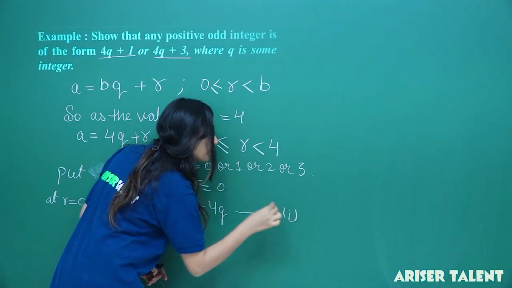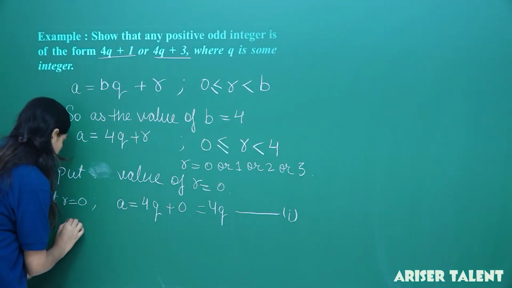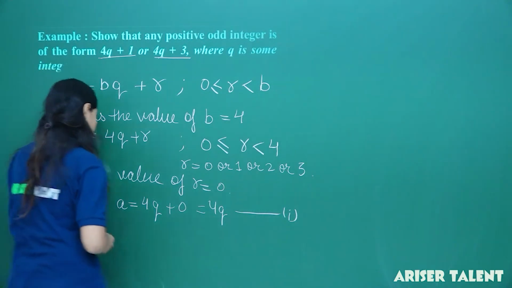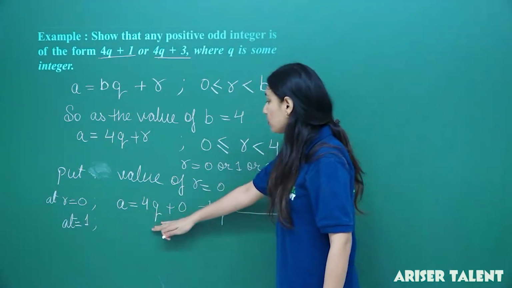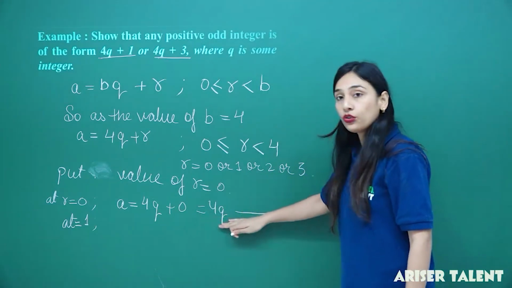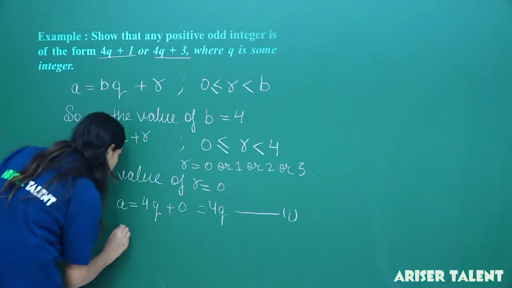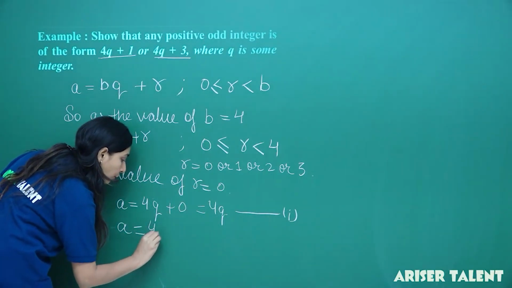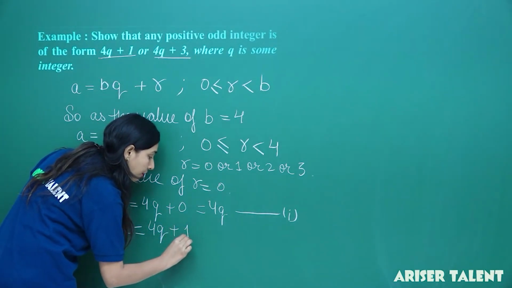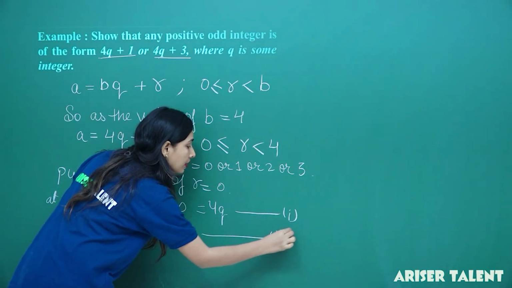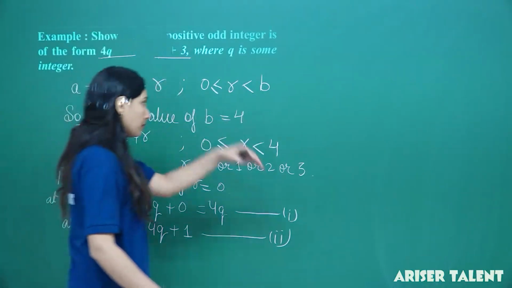Equation 1. Now, at r equals 1, write the equation 4q plus 1, right? This is equation second.